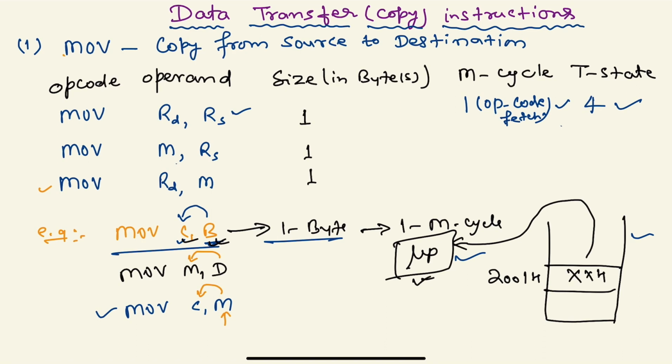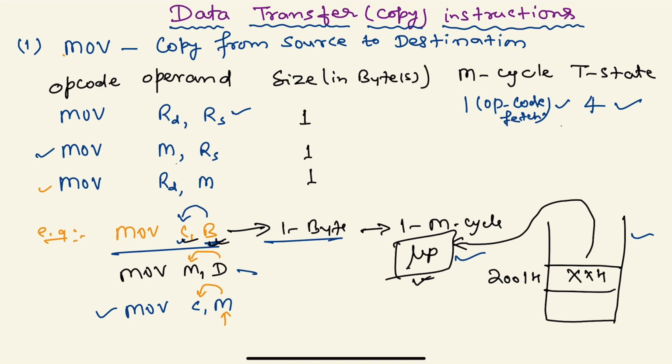Now we'll come to the second and third variants of this operation, like for this MOV instruction. How can we identify their machine cycles here? First of all, by default for any instruction the first operation is the opcode fetch operation.